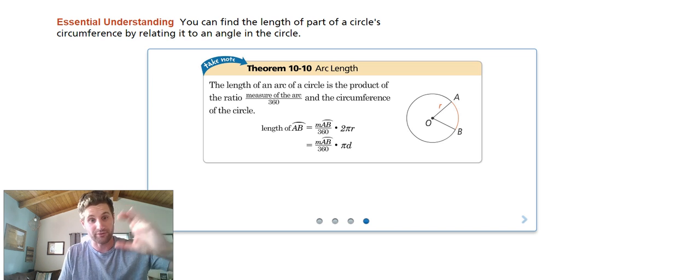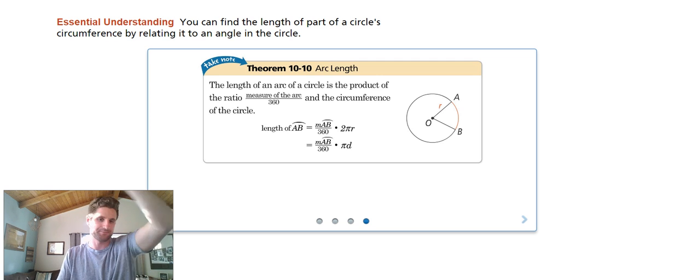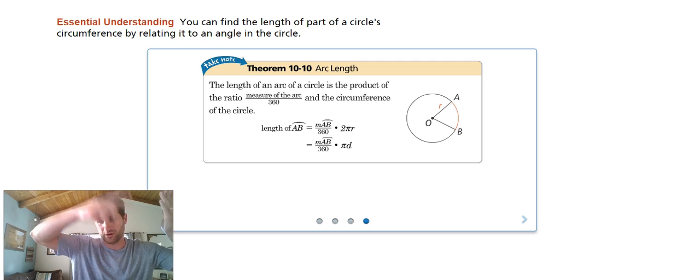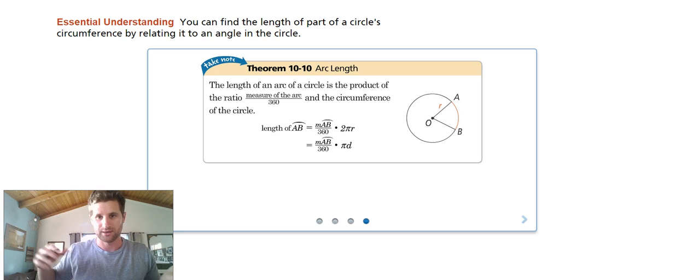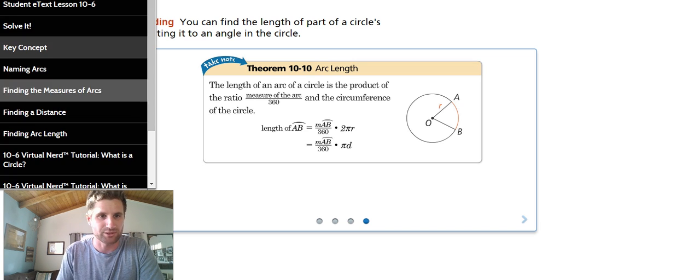That gives us the ratio of how much of the circle we're looking at, and then we multiply it by the total circumference. So if the circumference around a circle is 14 pi and we ask what a semicircle's arc length is, it would be half of that, because 180 divided by 360 is 1/2, and we get 7 pi. Hopefully this will make a little more sense as we jump into a couple problems.